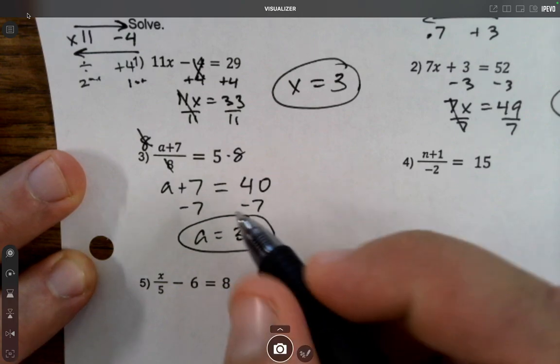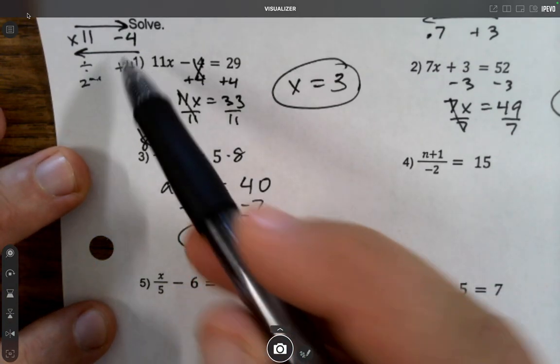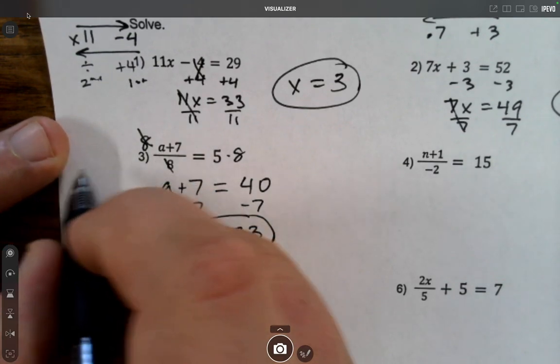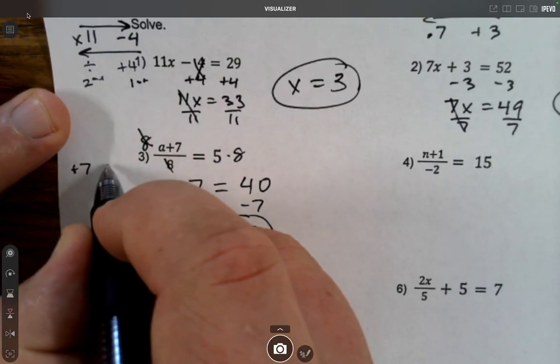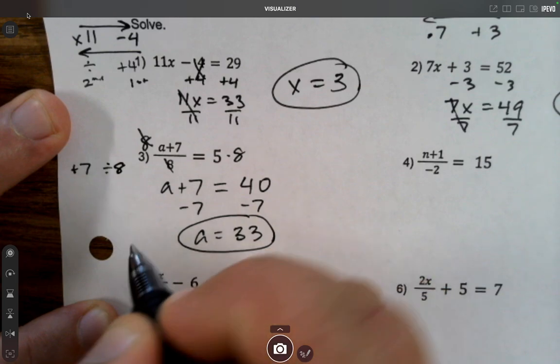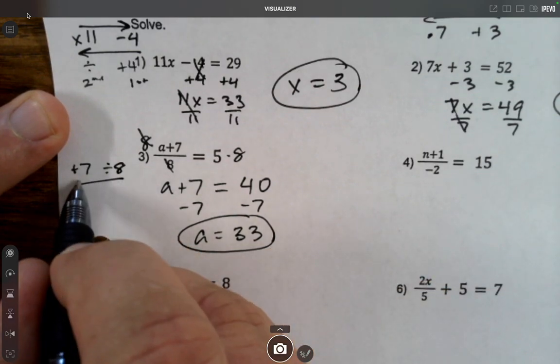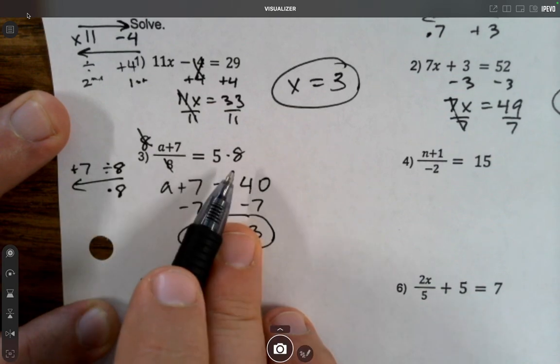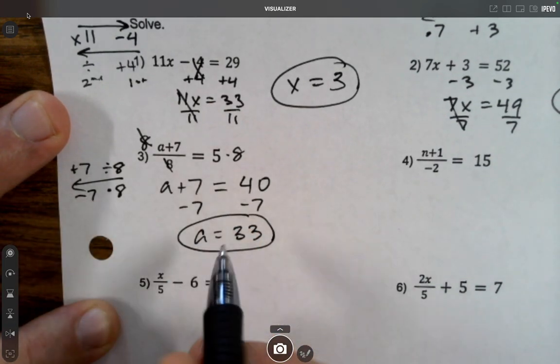And we were still following the rule I talked about up here with doing things backwards, because they took this number a, and the first thing they did was add 7. Then they divided by 8. So to go in reverse, we would want to multiply by 8, which we did right here, and then subtract 7, which is what we did right here.